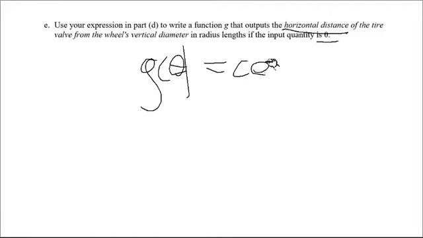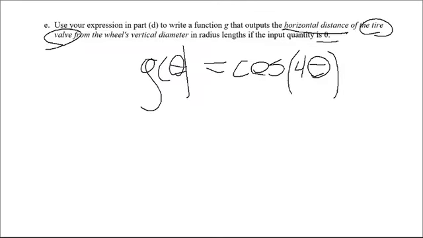That's our cosine model, and we know that for a 1 theta radian spin of the pedal, there's going to be a 4 theta radian movement of the tire valve.